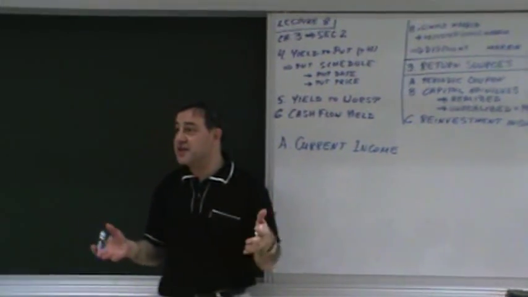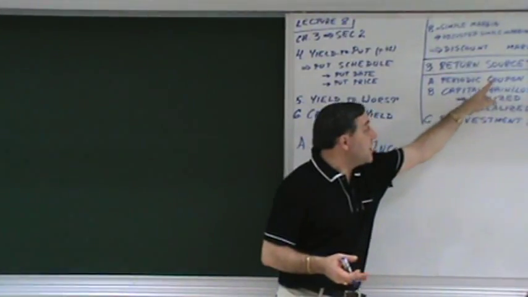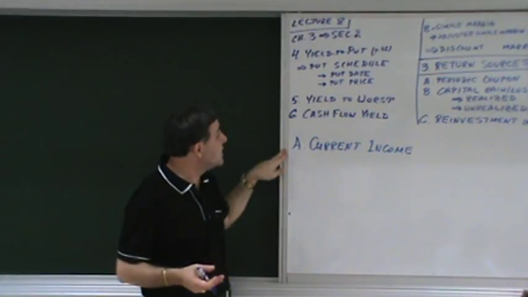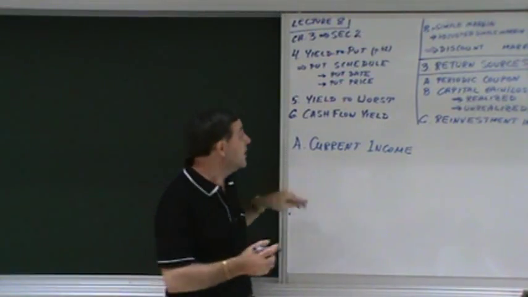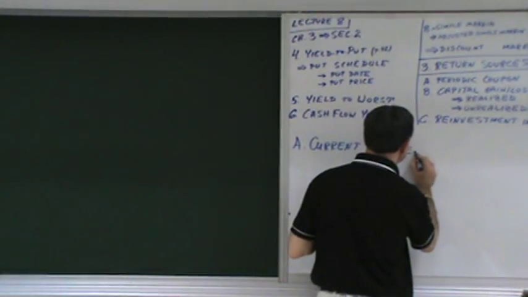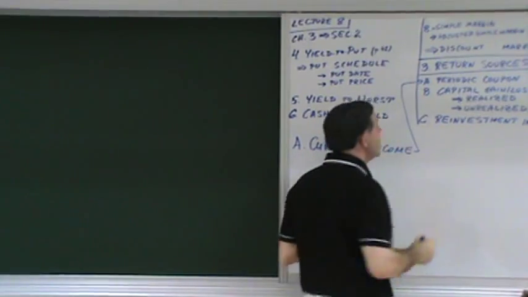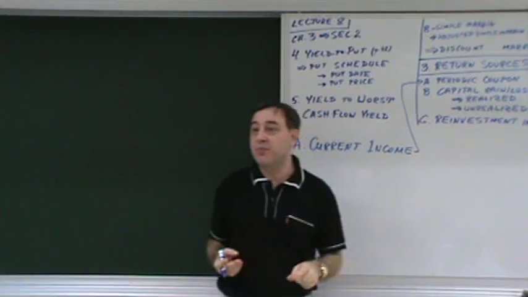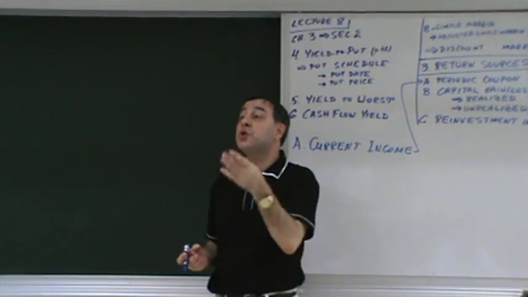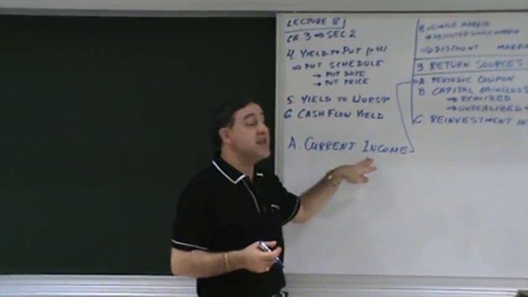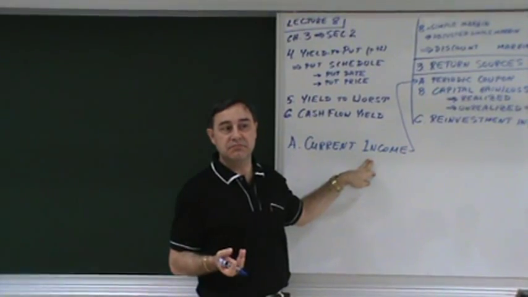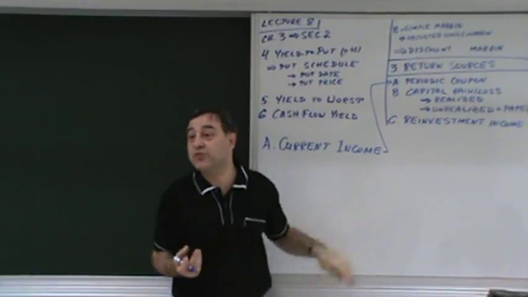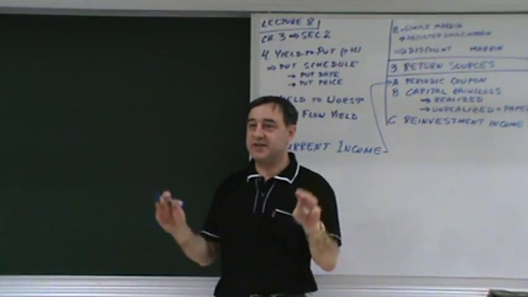So for 2007, whatever the coupon is classified as current income. That's the reason why I have it as A. So current income is exactly the same as periodic coupon. Actually, the periodic coupon is the only form of current income. Current income applies for any investment.